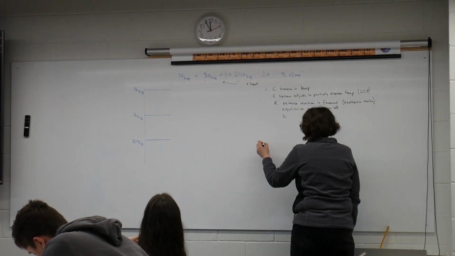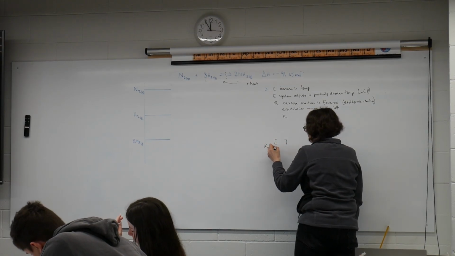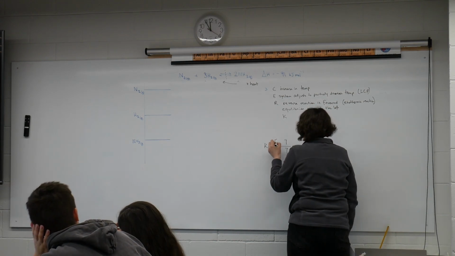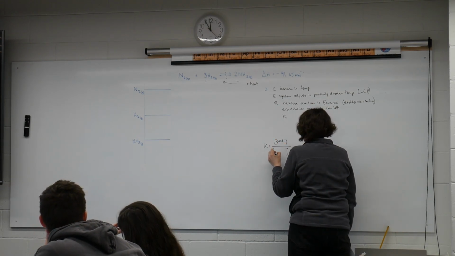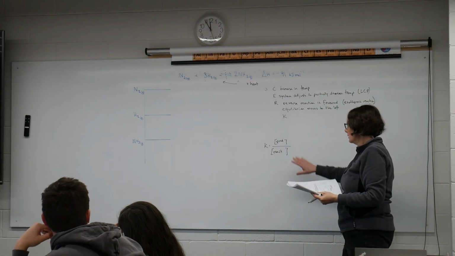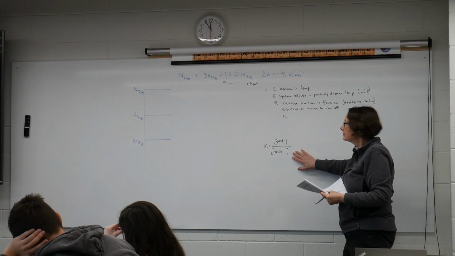So K is the concentration of what? What's on top? Products. So if I increase the reactants, K decreases, doesn't it?